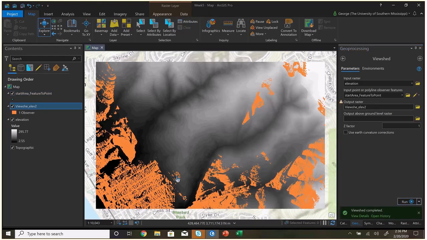All right. So based on that green dot there, if I was standing at that green dot, then I would be able to see all of the orange area.